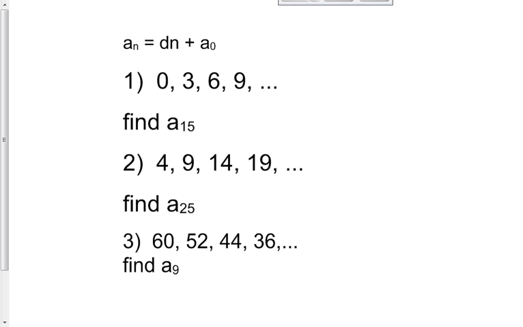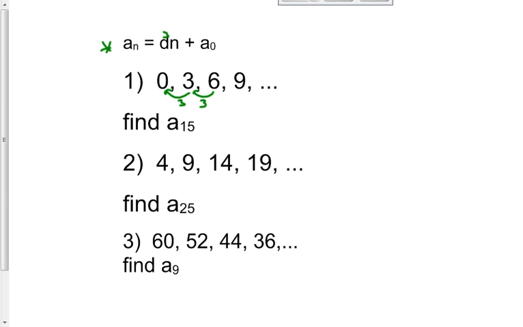So now let's try to write the equation for those first two that we said the answer was yes, they are arithmetic. I wrote the formula on here for you. A sub n equals dn plus a sub 0. Now if you remember, we went backwards and got 3 every single time. That's our d value. Our d value is going to be 3, so we're putting a 3 right there.